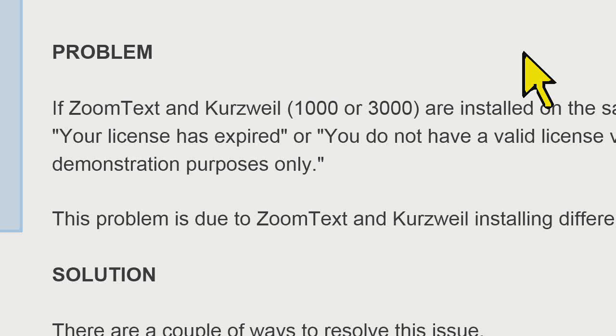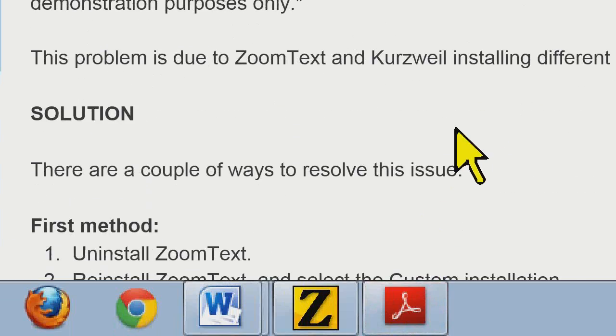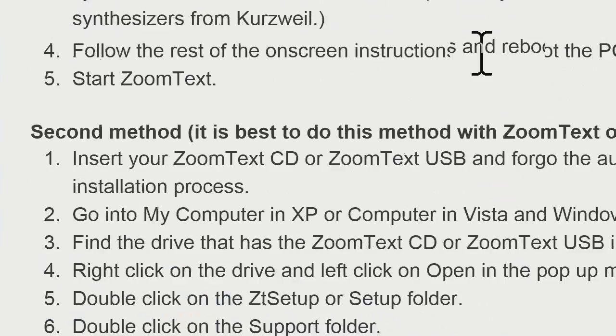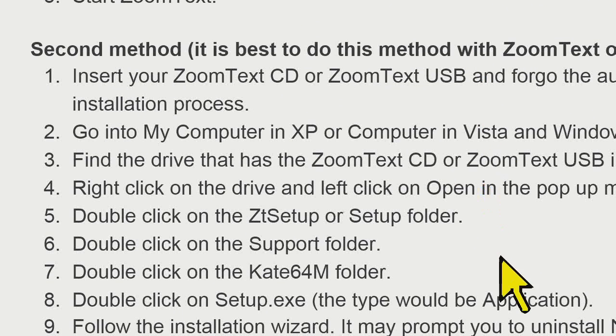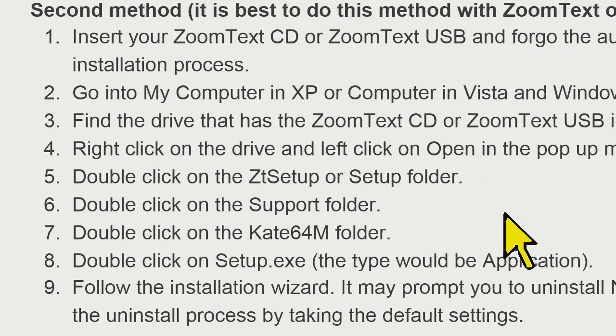If you have a ZoomText CD, you can then put that ZoomText 9.1 or 10 CD in. It doesn't matter. We use the same version in 10 that we used in 9.1. You can then browse that CD and go to the ZT Setup and ZoomText 10 subfolder, or just Setup at 9.1. And within that subfolder is yet another subfolder called Support.